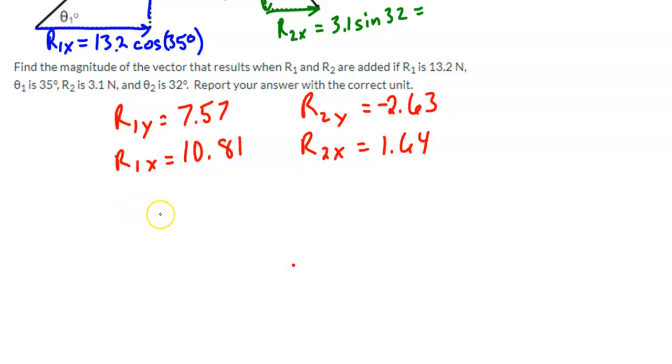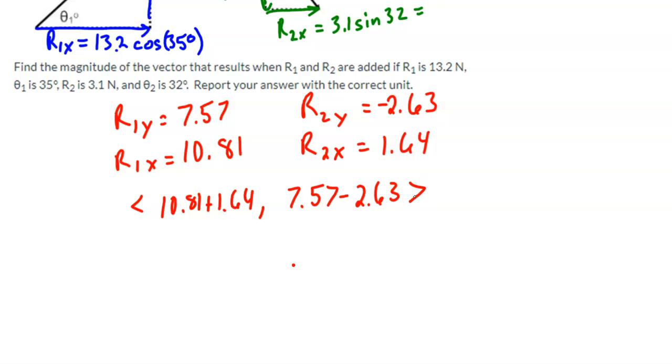So basically, it's going to look like this. All right, and I'll pause and sum.